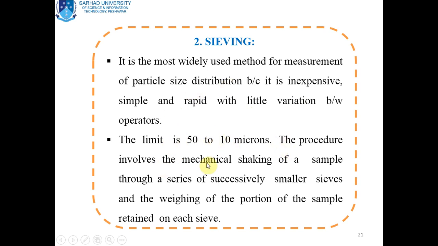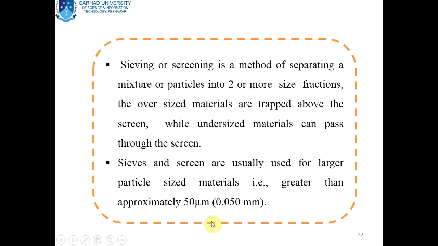The procedure involves a simple mechanical shaking or agitation of the sample through a series of successively smaller sieves, and weighing the proportion of the sample retained on each sieve.